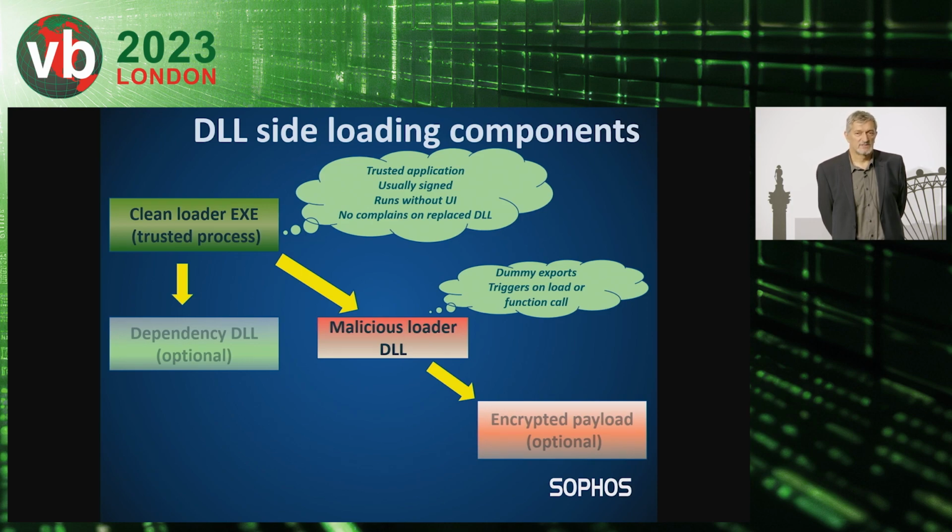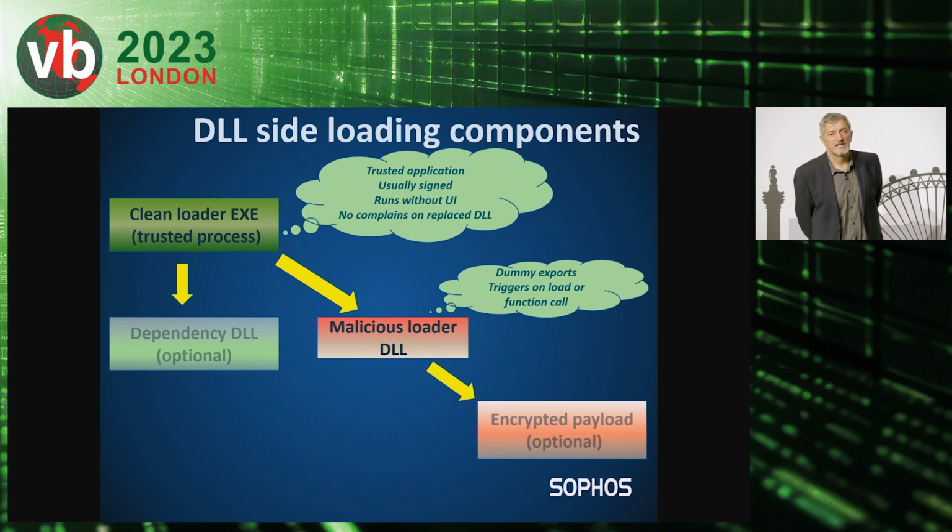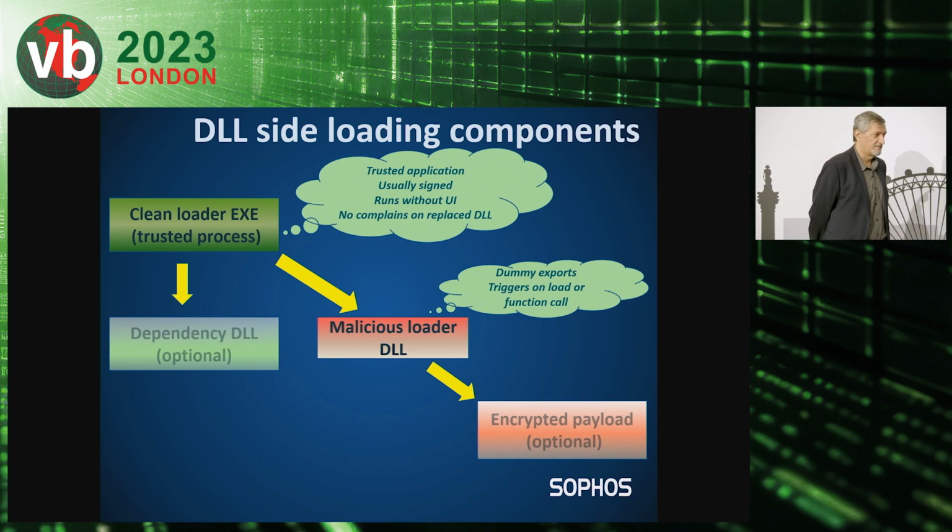The last two are important so that the activities of the malware would go on unnoticed to the user. Optionally, there would be other dependency libraries placed next to the executable in case it has multiple dependencies, and one of them is replaced with a malicious DLL file that the attacker is using.